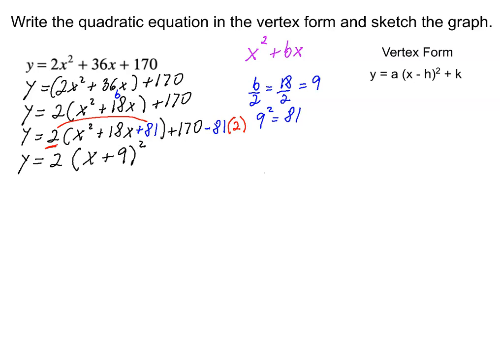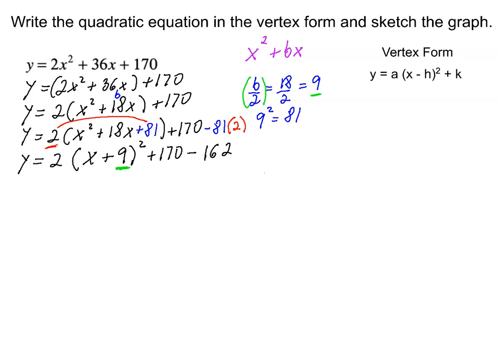But you don't have to really do that, because the value b divided by 2, this value b over 2, is basically the number that goes in parentheses. So basically this number 9 will go in parentheses. Okay, and then we end up with plus 170 minus 81 times 2, which is 162.